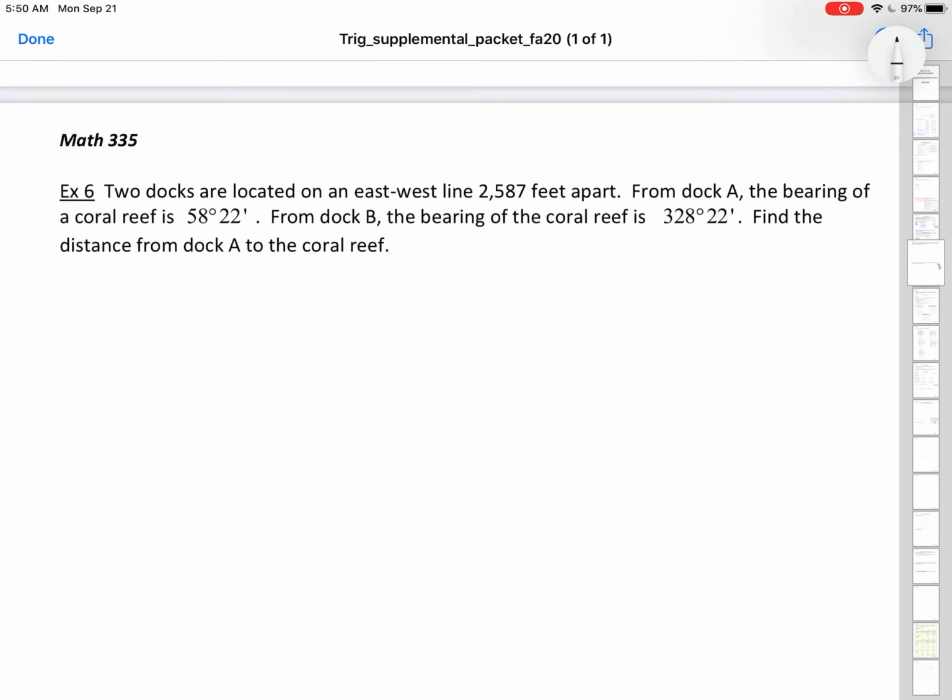Now we have a big description of a problem about two docks. Two docks are located on an east-west line, 2,587 feet apart. Let's let this be dock A and dock B, and they are straight across 2,587 feet apart from one another.